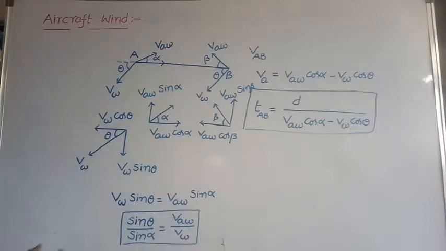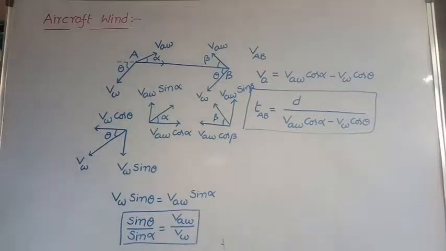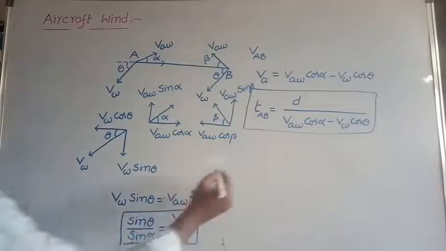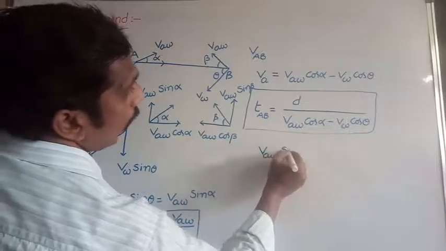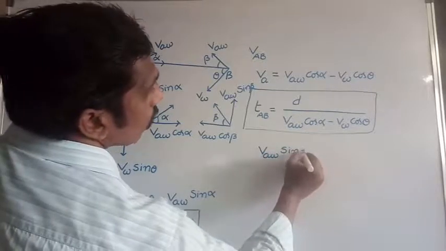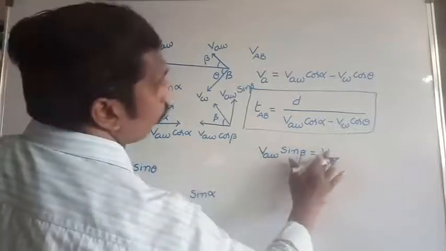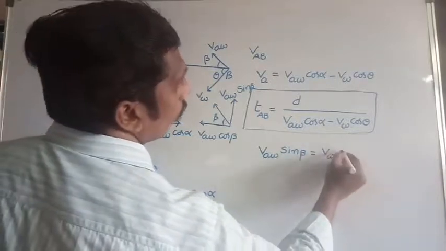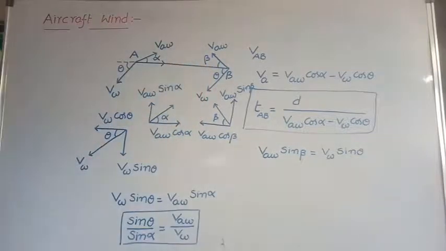Here our aim is to travel from B to A. To travel from B to A, the vertical velocity must be zero. That means VAW sine beta is equal to VW into sine theta. But VW sine theta is equal to VAW sine alpha.